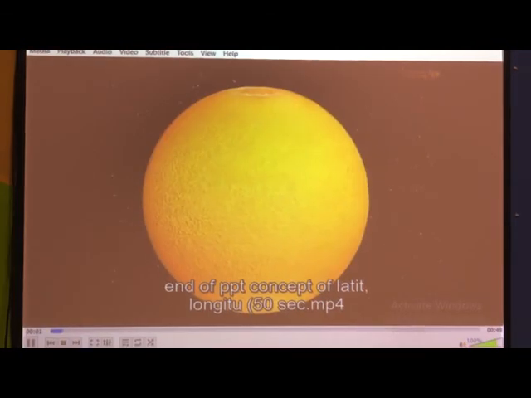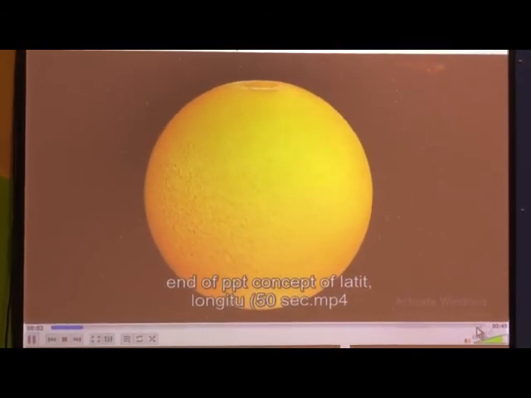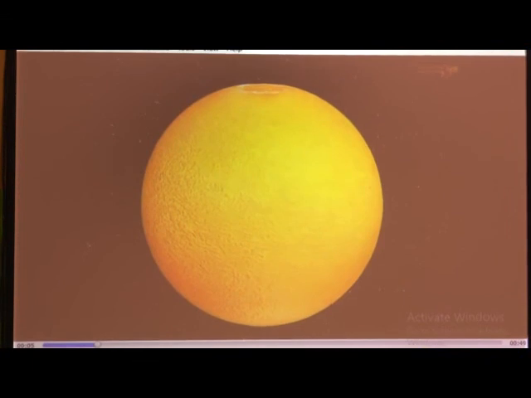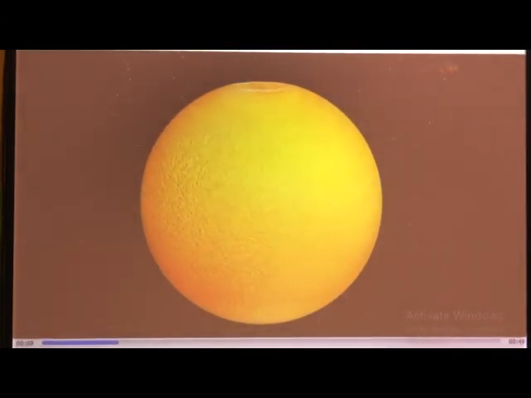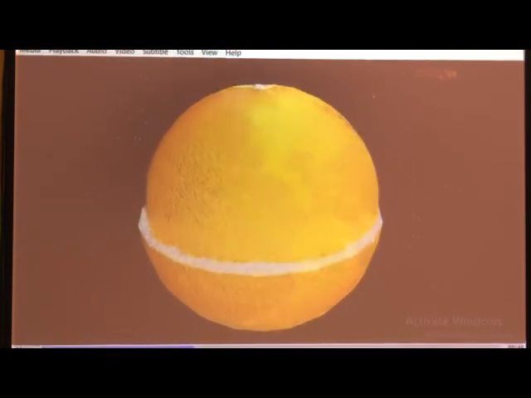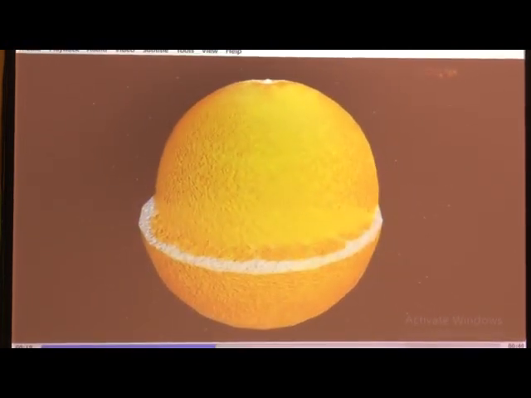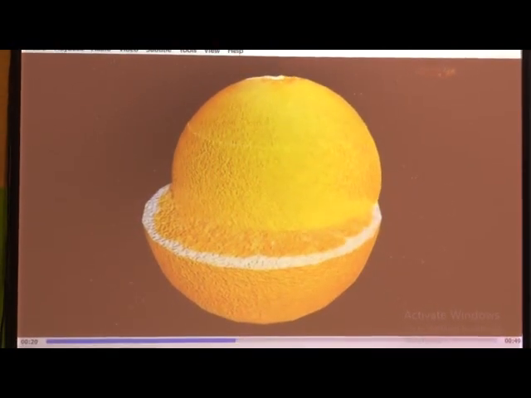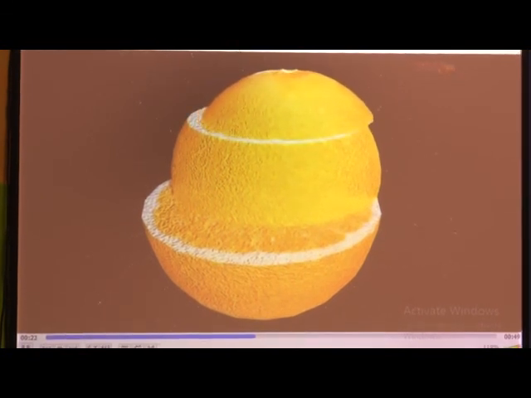Okay children? Let us take an example of an orange to understand the concept of latitudes and longitudes in a simplified way. The orange is symbolizing the earth. If we horizontally cut an orange into slices, then this will show the different latitudes.